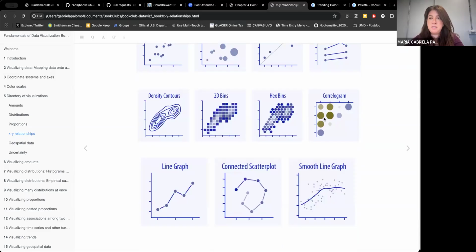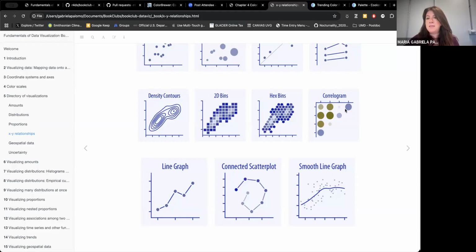Then we also have correlograms. I've seen this with correlation. If you're going to see the correlation between two variables, x and y, you can show it by color, or you can also put the little number there. You can say that this group compared to this one, the correlation between those two is, let's say, 0.4.